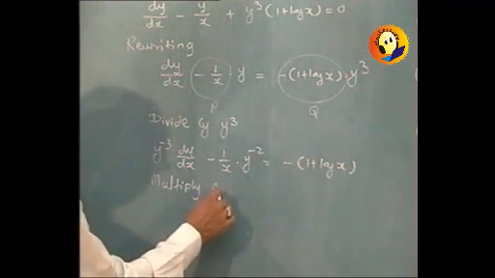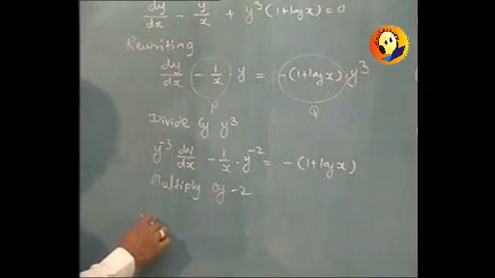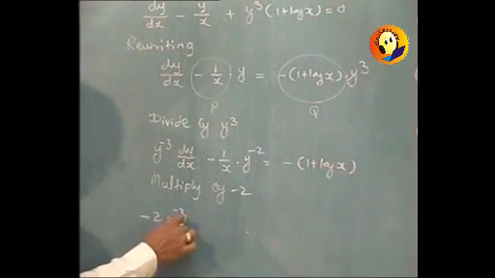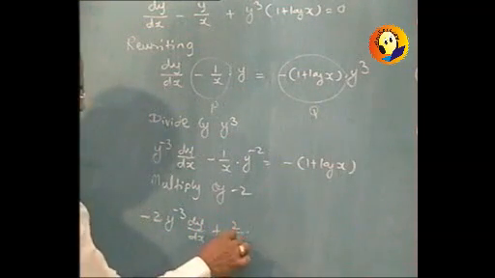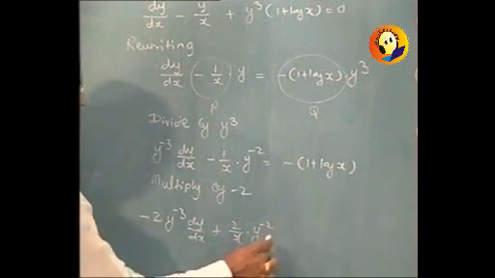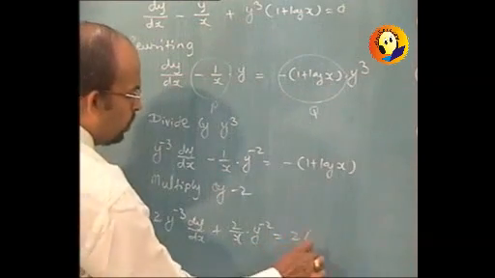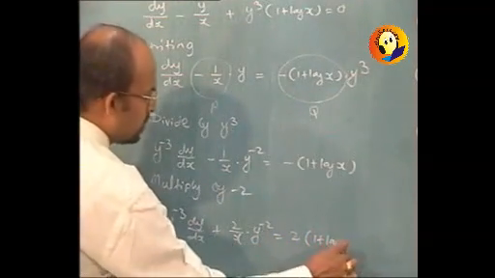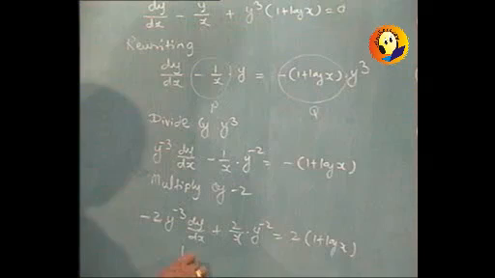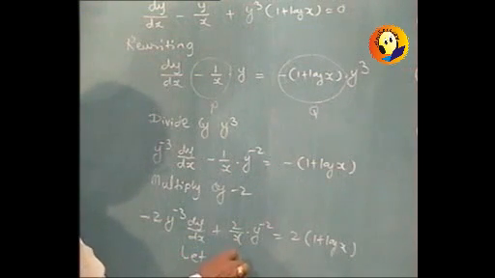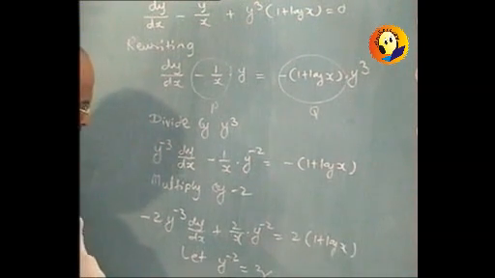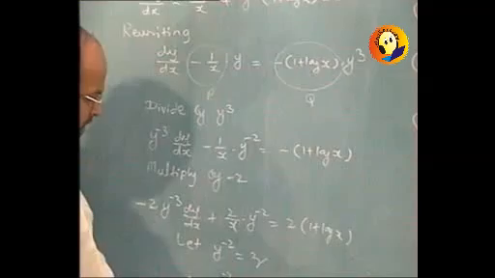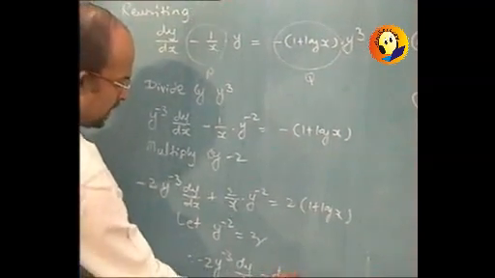So multiply by minus 2, we get minus 2 y raised to minus 3 dy by dx plus 2 upon x y raised to minus 2 equal to 2 into bracket 1 plus log x. And now if we substitute, let y raised to minus 2 equal to z, therefore minus 2 y raised to minus 3 dy by dx equal to dz by dx.